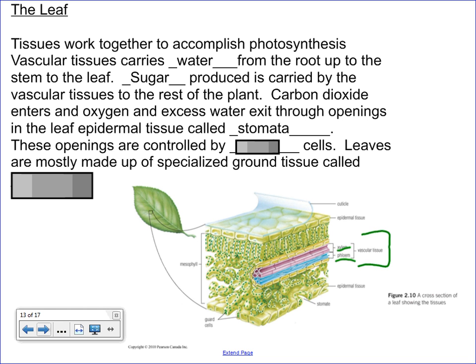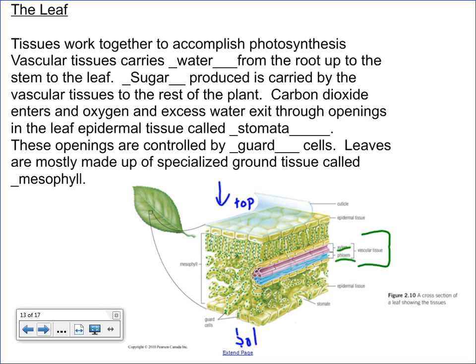These openings are controlled by what are called guard cells. Leaves are mostly made up of specialized ground tissue called mesophyll. So in the diagram just below here, we have a cross-section of what a leaf looks like. So we could think of this as being the top, and this being the bottom of the leaf.